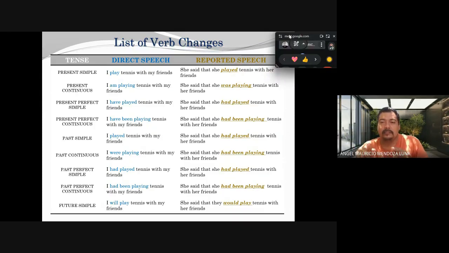Past perfect and past perfect again. Past perfect continuous, past perfect continuous again. And the conditional one, I will say that this is the only one that basically has a tense change in indirect speech: will, like future, becomes the past or conditional one, would.